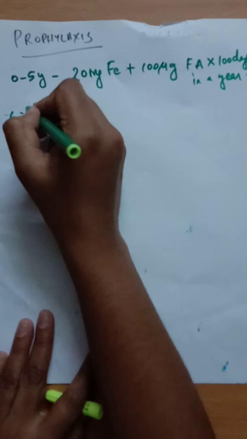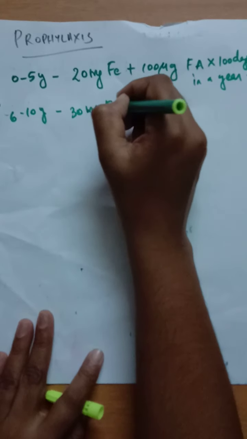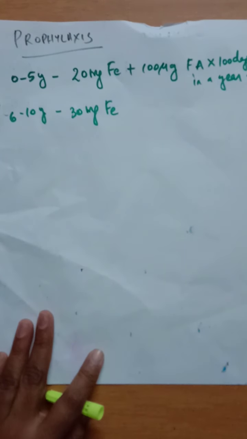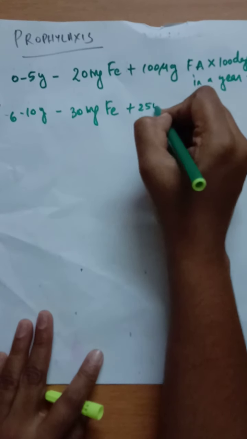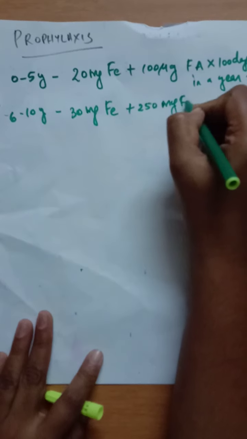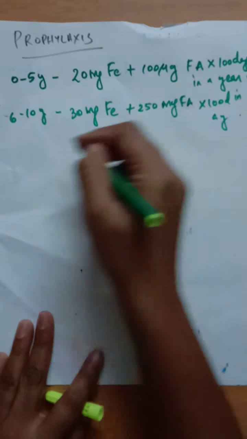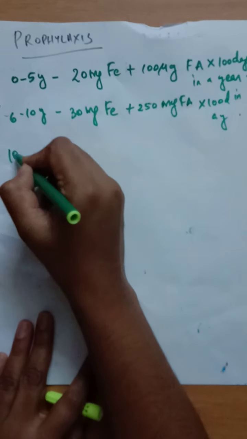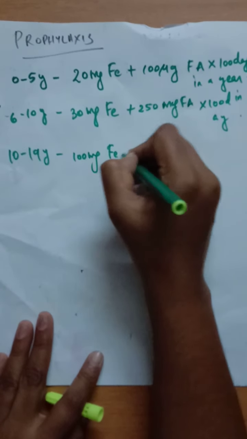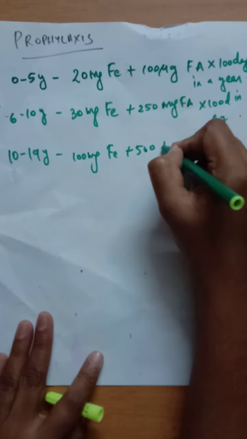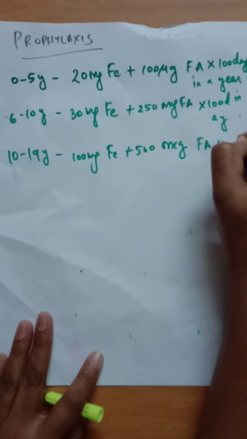And 6 to 10 years, 30 mg elemental iron plus 250 microgram folic acid for 100 days in a year. And adolescents 10 to 19 years, 100 mg elemental iron plus 500 microgram folic acid weekly.